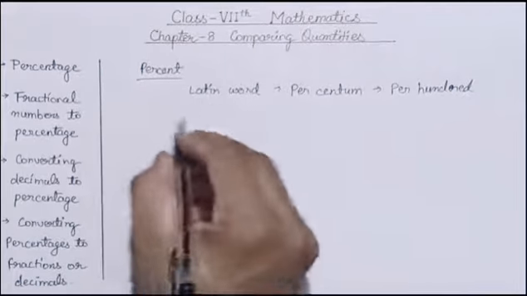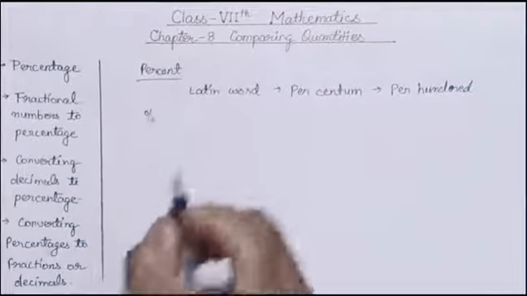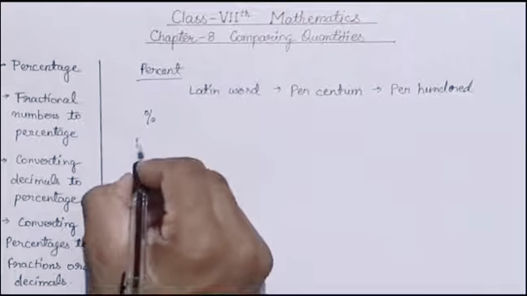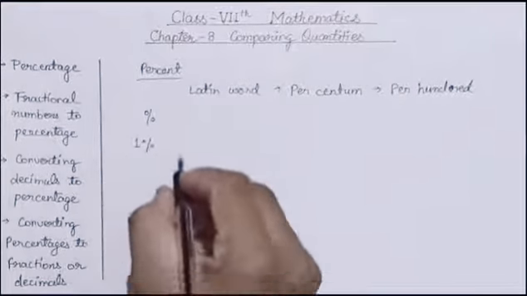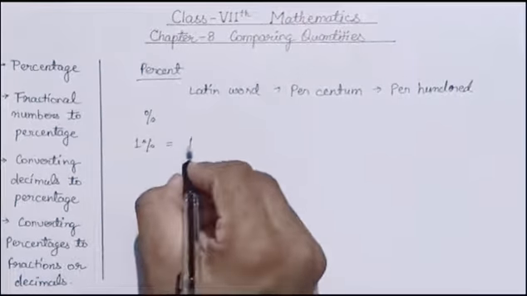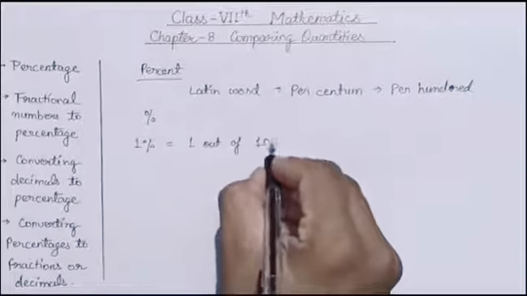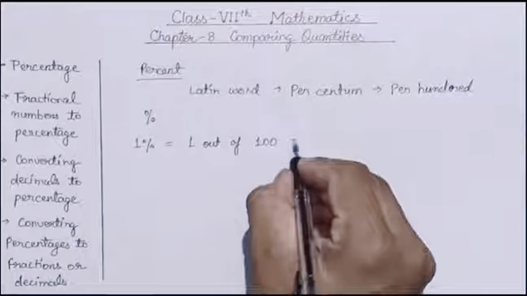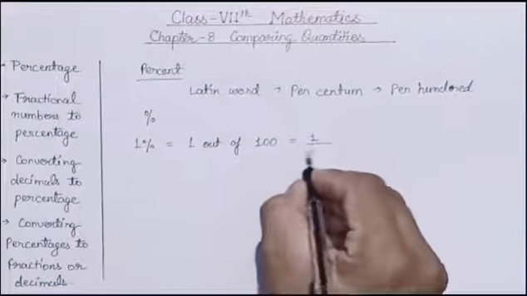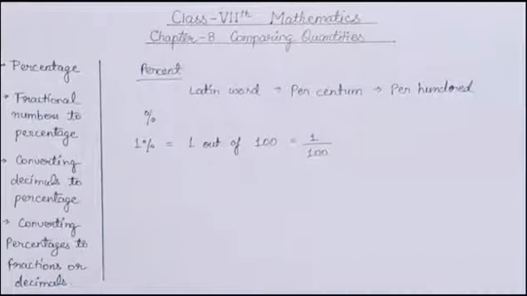You know the symbol of percentage is this. So if I write 1%, then what does it mean? It means 1 out of 100, or we can write it as 1 divided by 100.